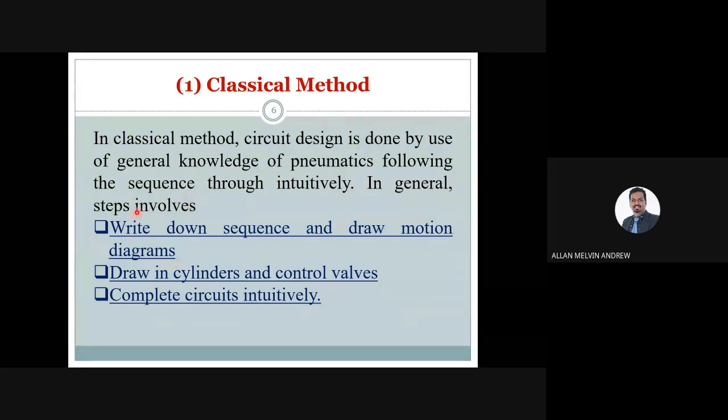The steps involved: first you write down the sequence, then you draw the motion diagram. Then you start to draw the cylinders and the control valves, and you need to complete the circuit intuitively, meaning carefully. In the classical method, we don't have a strict SOP that you need to follow.